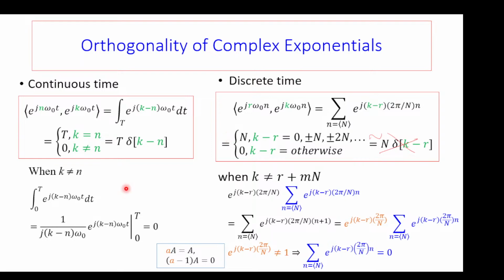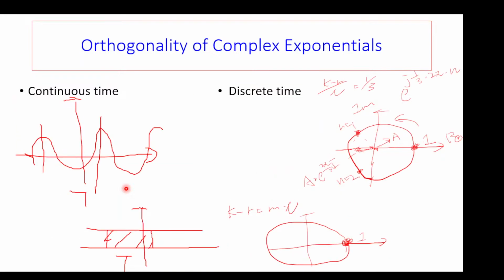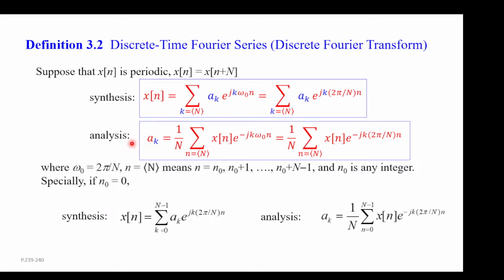So those are the orthogonality of complex exponentials. Okay. Any question about that? Okay. If there is no question, then let's have a small summary of our results. For the discrete Fourier series, we have our synthesis equation and analysis equation.